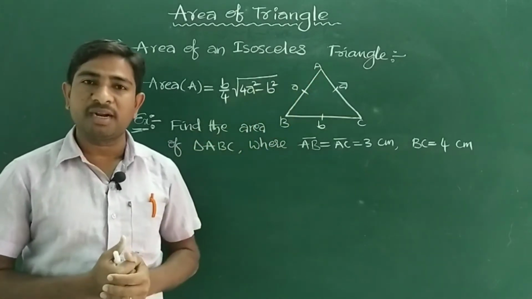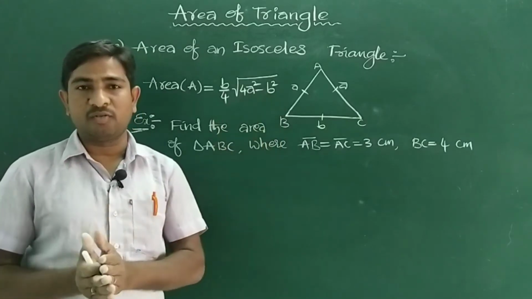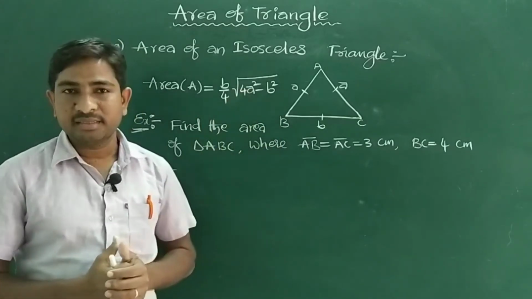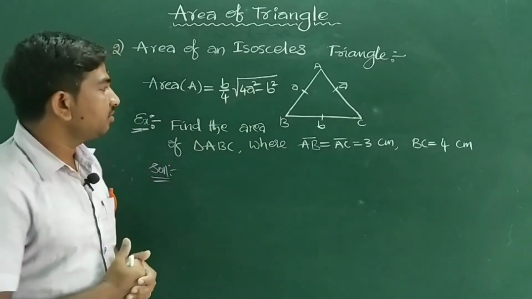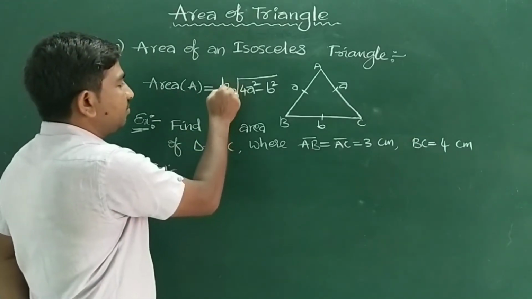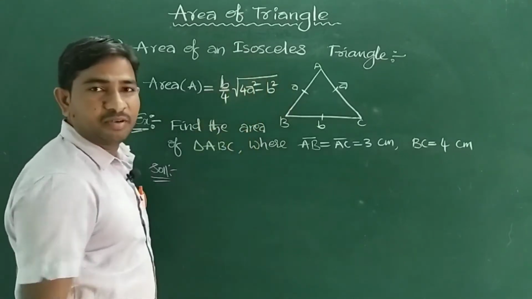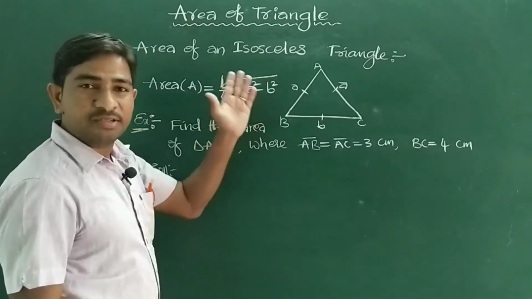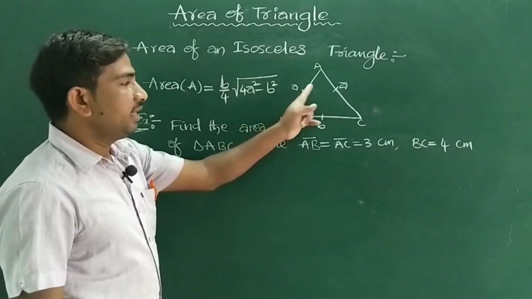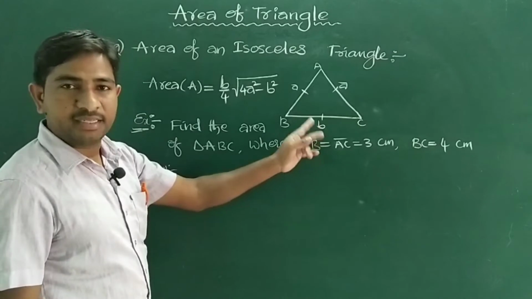Isosceles triangle means that if any two sides of a triangle are equal, then it is called an isosceles triangle. The area of an isosceles triangle is directly b by 4 under root 4a square minus b square. This is the formula to find the area of the isosceles triangle. Here both of the two sides a are equal, and b, the third side, is not equal.